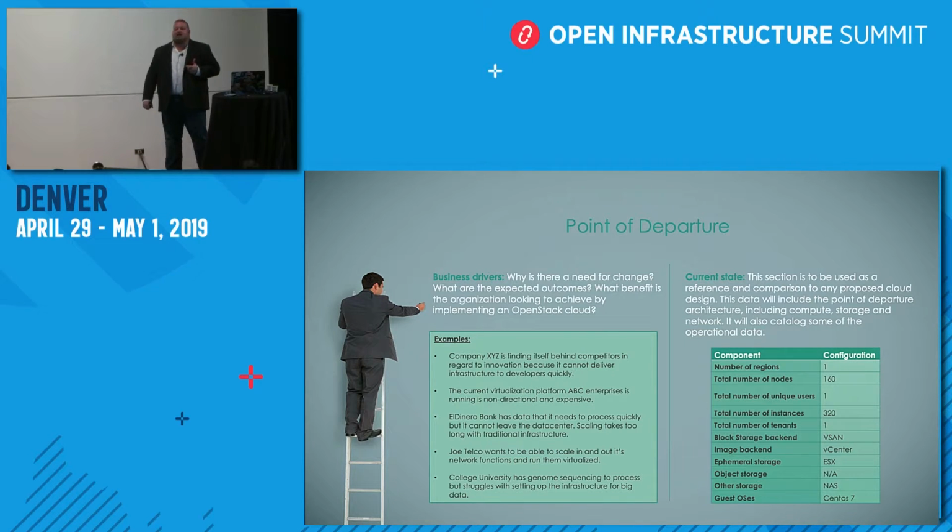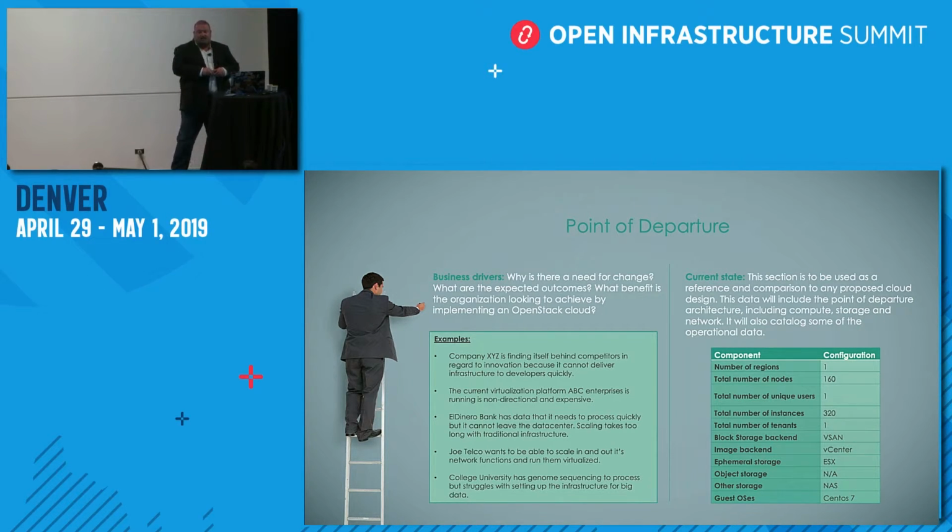Your leadership is going to be expecting something. Something quicker, something cheaper, something faster, something different, more tools, more agility. So what are your key performance indicators? What are they going to get for all this money that they're spending on the OpenStack cloud? You really need to know that and be able to measure it before you start putting a cloud into production.